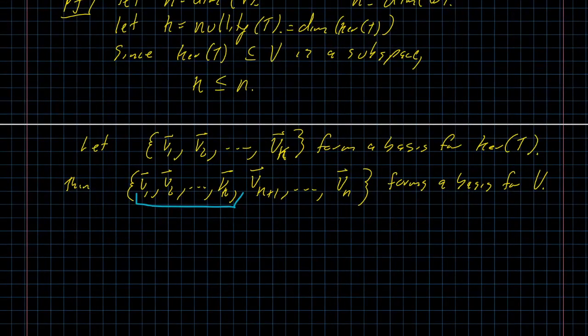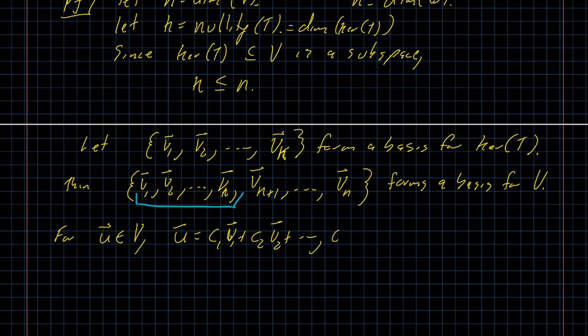And the reason that I care about doing this is, if I pick some random vector in my vector space, I can write it as a linear combination: c1 v1 plus c2 v2 plus, I need to fill in the middle steps here.